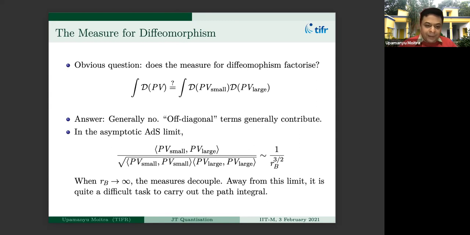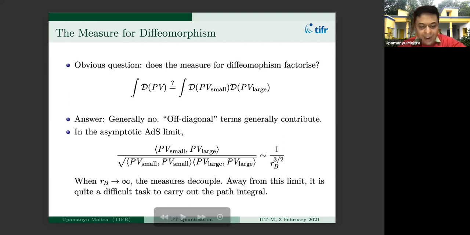For example, in the asymptotic AdS limit, we evaluate the inner product of the metric perturbations due to the small diffeomorphism and large diffeomorphism, and we normalize it appropriately by the norm of the small diffeomorphism itself and the norm of the large diffeomorphism itself, and we are taking the square root for obvious reason. And this turns out to go like 1 over R_B to the 3 halves.